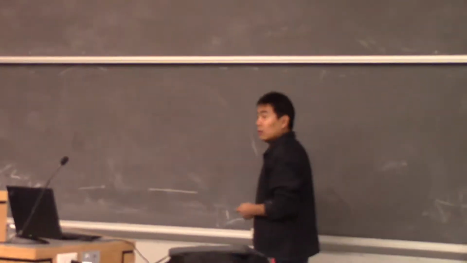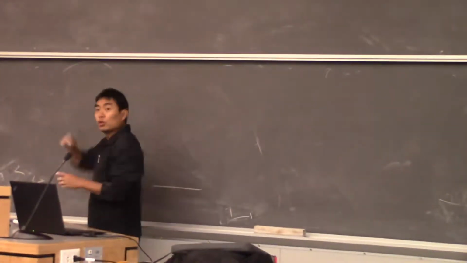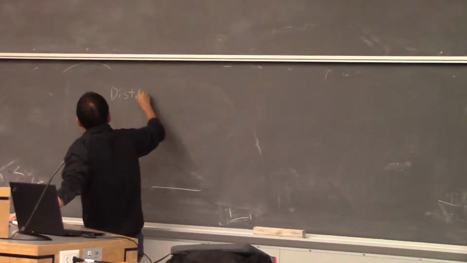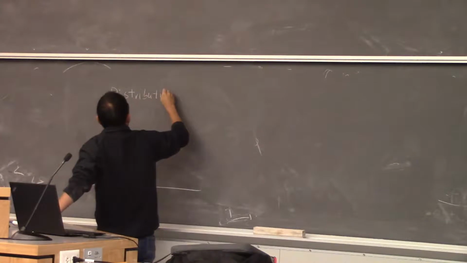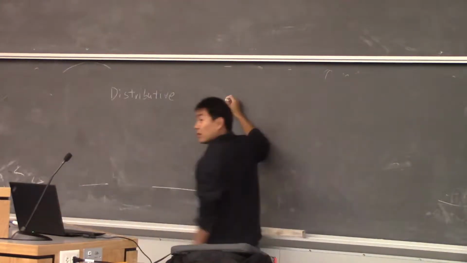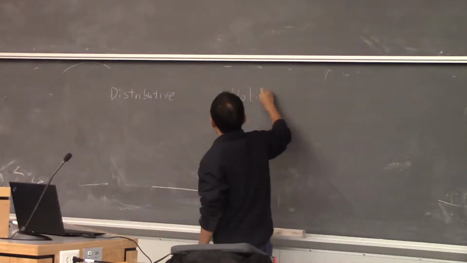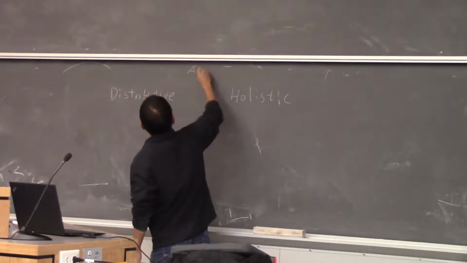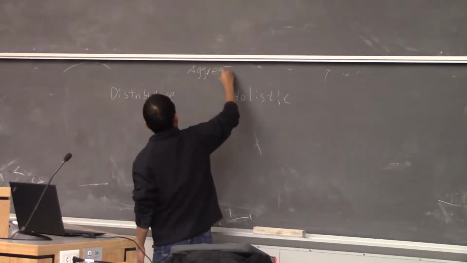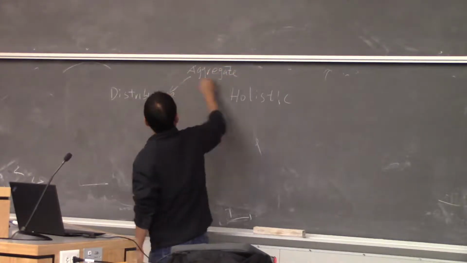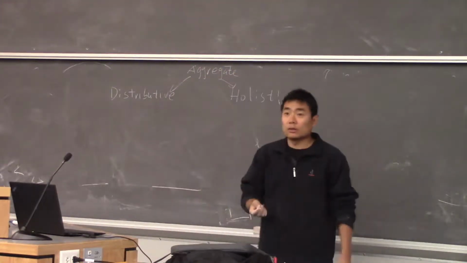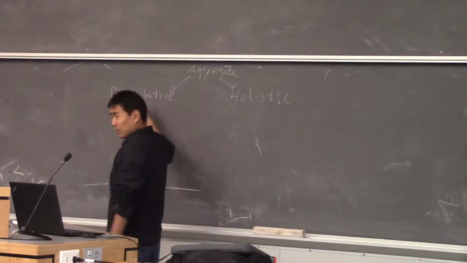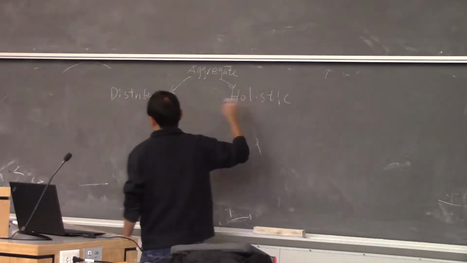One is called distributive aggregates. And the other is called holistic. So what is the difference? I'll give you some examples, then you will see exactly what I mean by distributive and holistic.